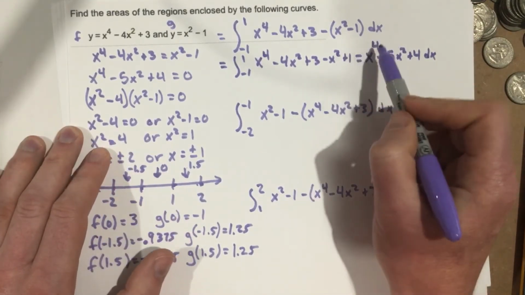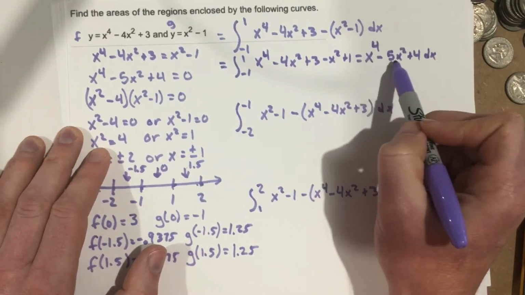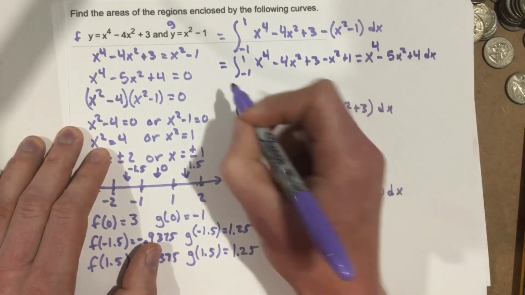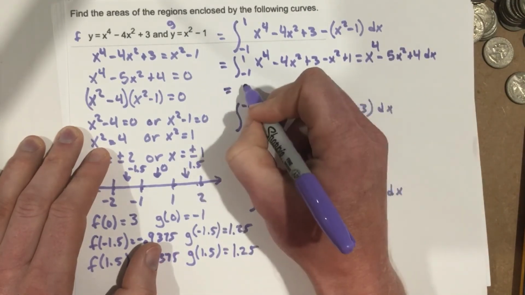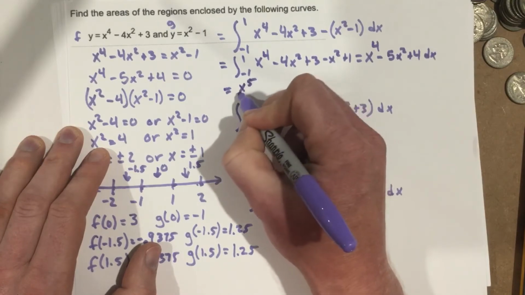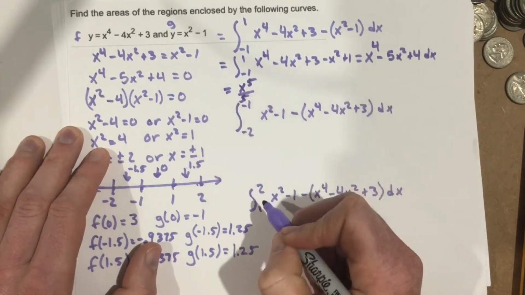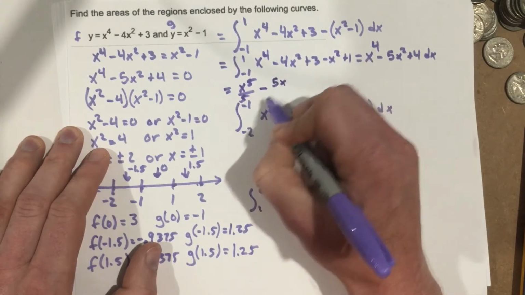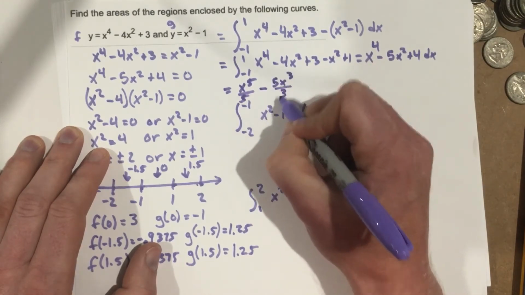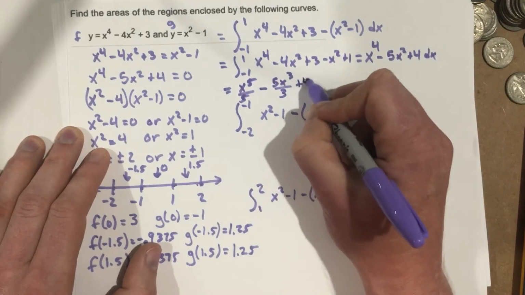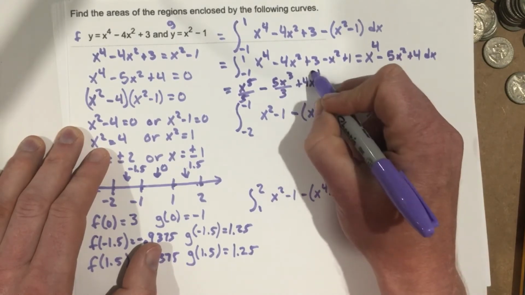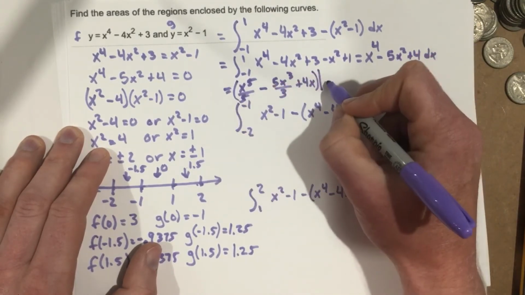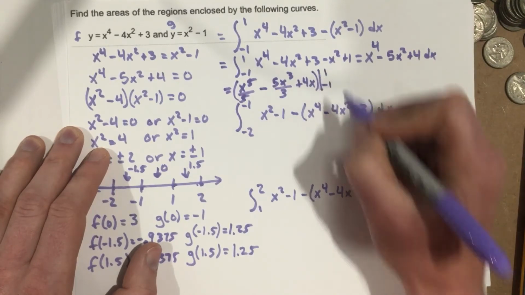So I'm going to integrate this, x to the fourth minus 5x squared plus 4, and that would equal x to the fifth over 5 minus 5x cubed over 3 plus 4x, and I'm evaluating this from negative 1 to 1.